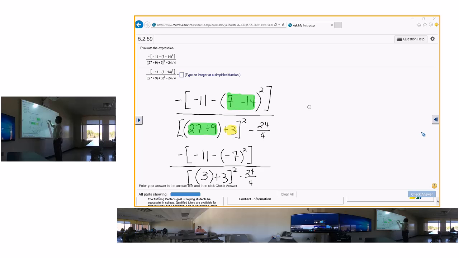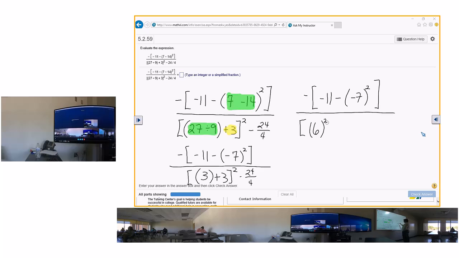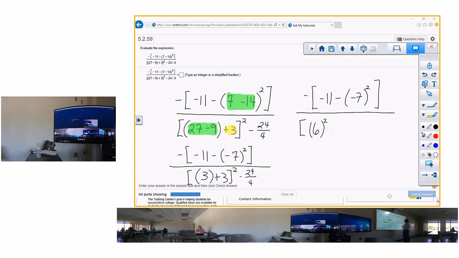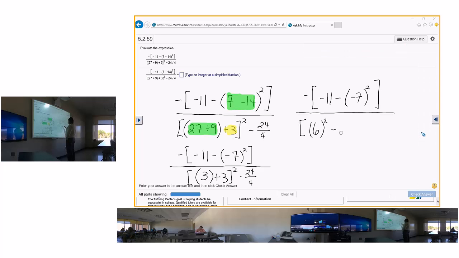So negative, brackets, negative 11 minus, parentheses, negative 7, quantity squared, brackets, over, bracket, 3 plus 3 is 6, parentheses, squared, minus 24 over 4.